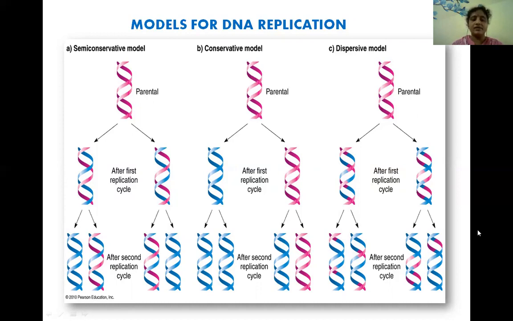Those segments then reassemble into complete DNA double helices, each with parental and progeny DNA segments interspersed. So, these are the three models of DNA replication. The most acceptable replication method is the semi-conservative model. This is a very important model.